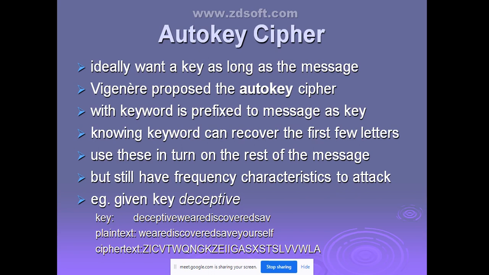So to overcome the drawback of the Vigenère cipher, one more thing is used. The modification done in the Vigenère cipher is called the autokey cipher. Here, to overcome the drawback, the key is again made the same length as the plain text.